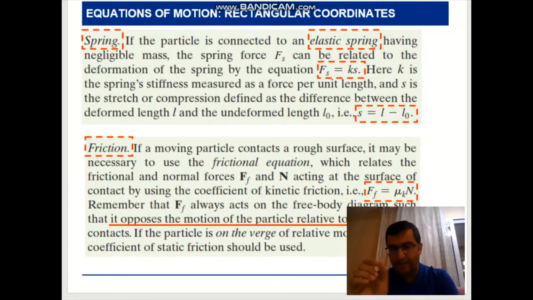So delta s is going to be our distance, and k is the stiffness of the spring, which is going to be given. And friction, if there is a rough surface, we need to use F friction is equal to mu k multiplied by N. N is the normal force acting on the body, and mu k is the friction coefficient. The friction coefficient is given also in the examples or the problem.